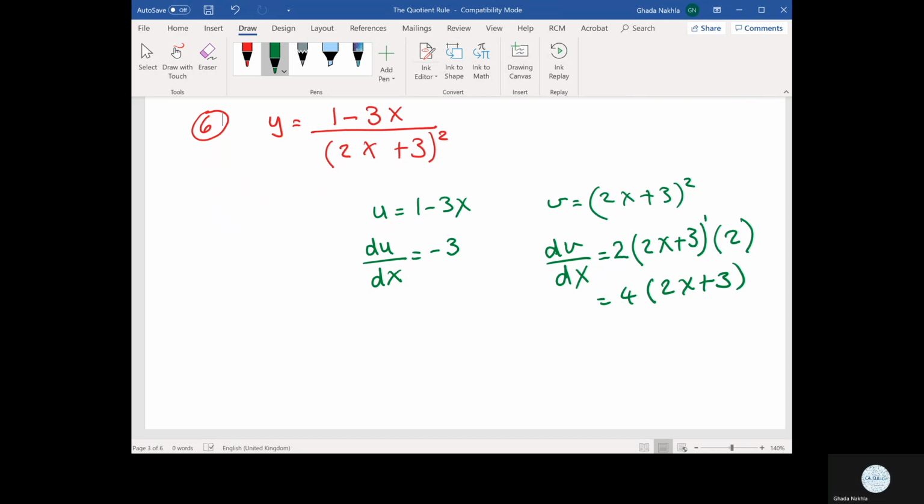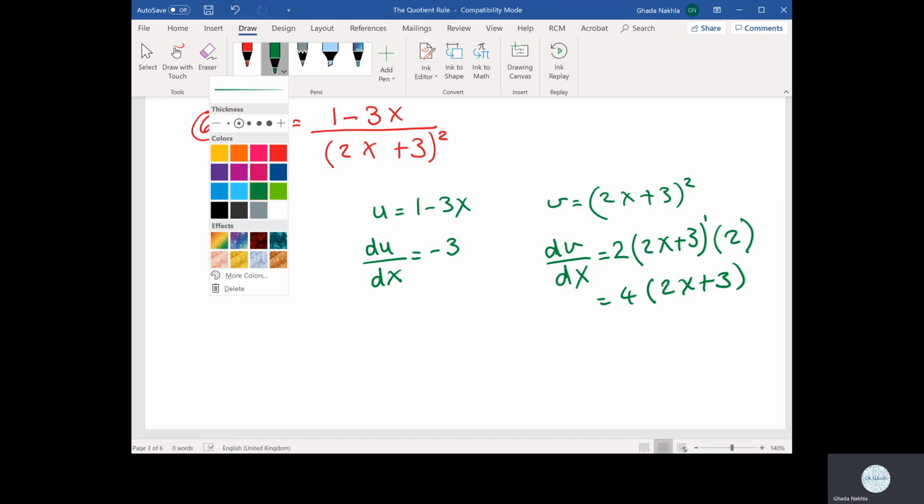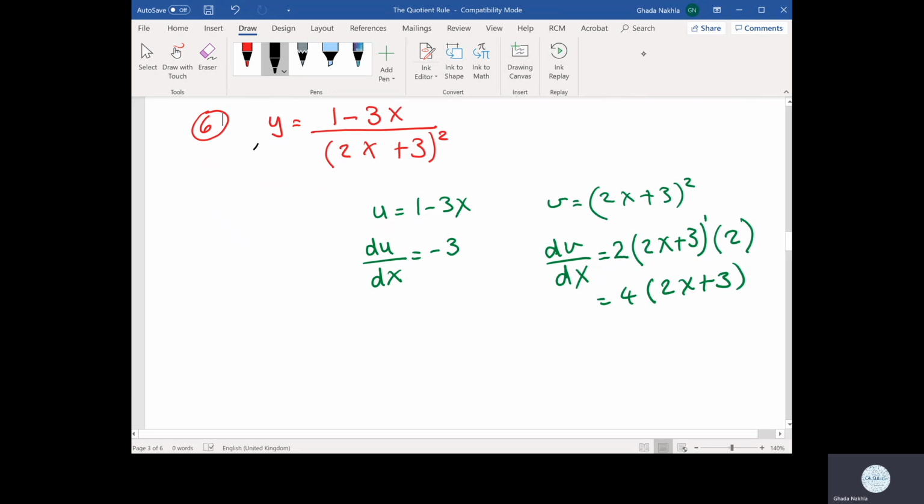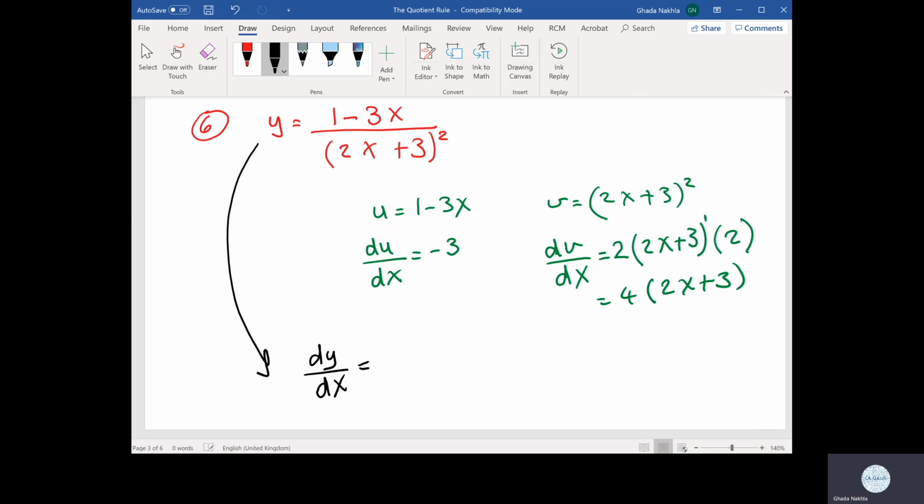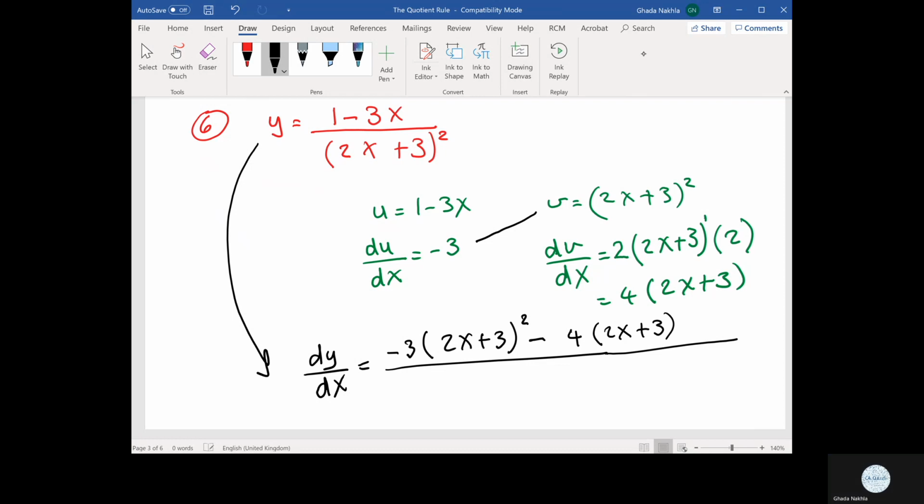Okay. Next, we apply the quotient rule. dy by dx is equal to v multiplied by du by dx, so minus 3 times 2x plus 3 all squared, minus 4 times 2x plus 3 multiplied by 1 minus 3x.